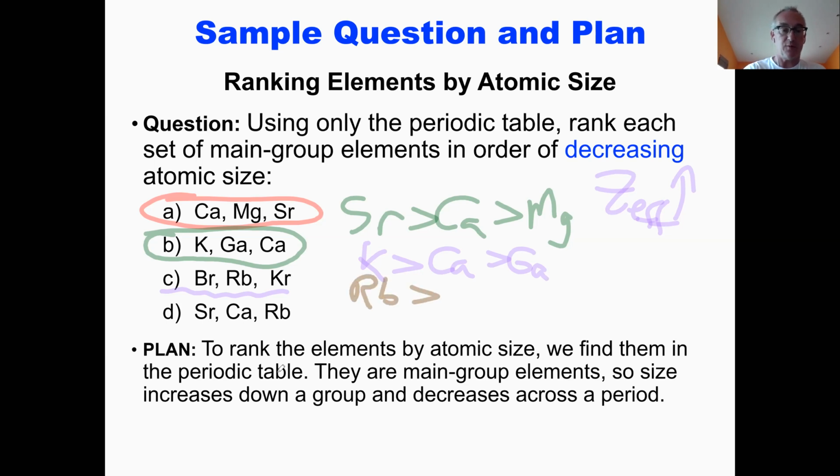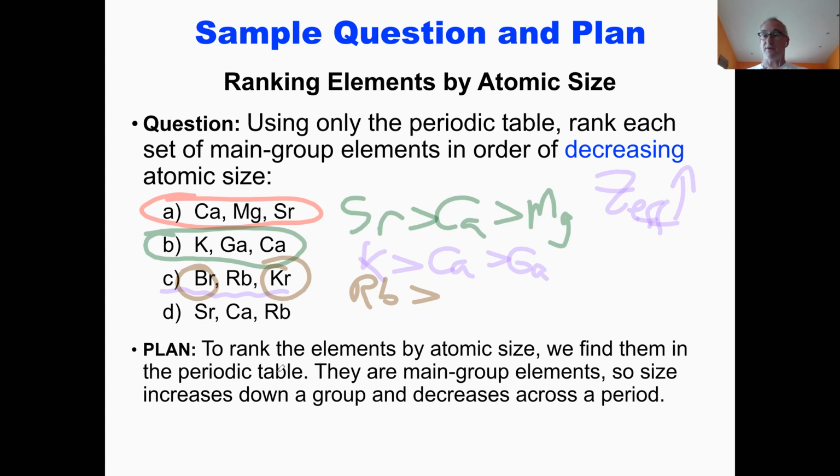So then it's between bromine and krypton. Now, are they in the same period? Yes, you said rubidium was in a different period. It was in a bigger one, so it's bigger.